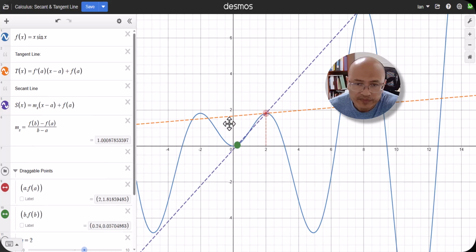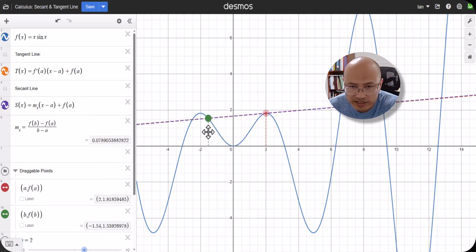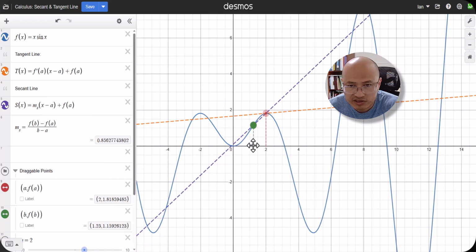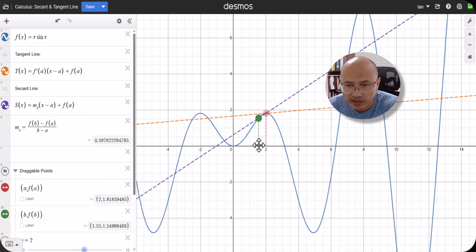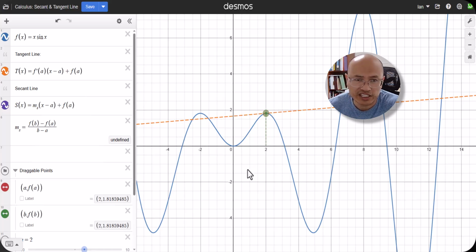And we can also do this again from the left-hand side. As we approach x equals 2 from the left-hand side, we can see the average rate of change. It keeps changing. You can compute all those slopes of the average rate of change. But at the moment of x equals 2, we'll get what we call the instantaneous rate of change, which is the slope of that tangent line.